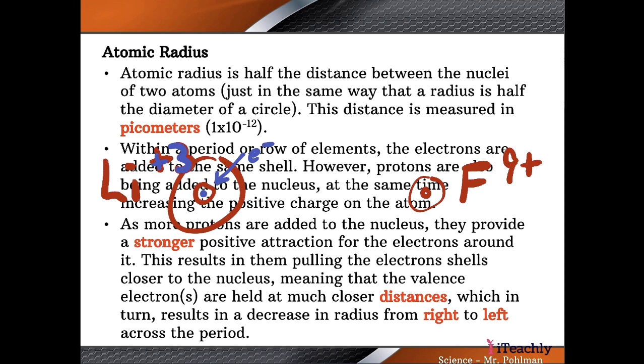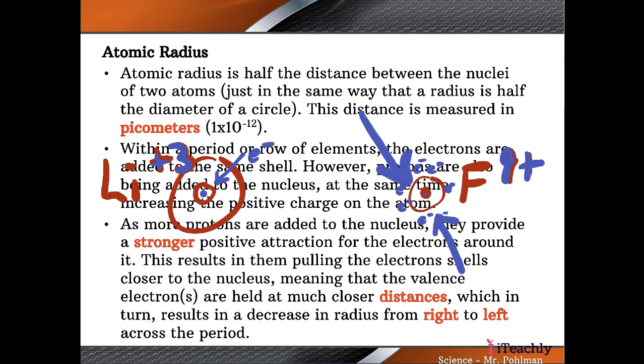You don't have a strong nuclear charge. But if you go over to fluorine, on the other hand, fluorine now has 9 protons, a stronger nuclear charge. So if we're trying to pull these electrons in towards the nucleus of the atom, you have, in essence, a stronger magnet pulling these things inwards. So that shrinks up the radii.